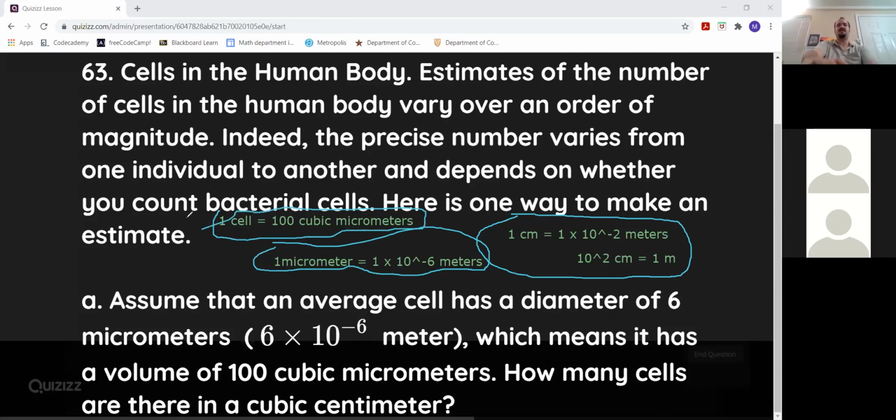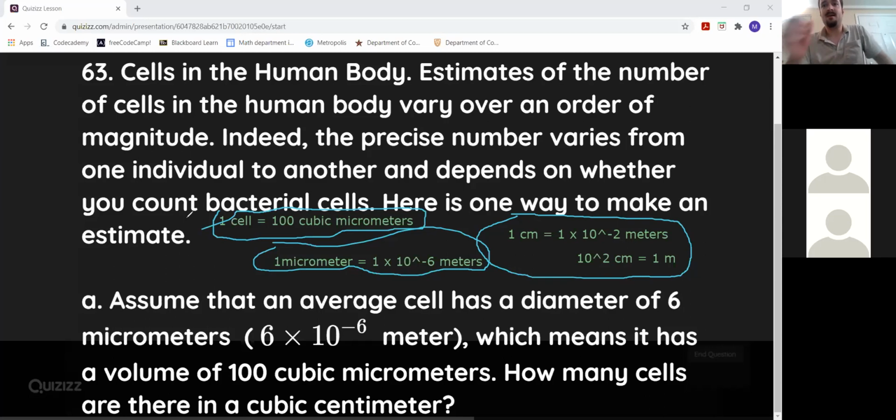But here's your 3 bits of information. We want to start out with 1 cubic centimeter. We want to end up with cells. So start out with what you know. We know 1 cubic centimeter, which is 1 centimeter by 1 centimeter by 1 centimeter.